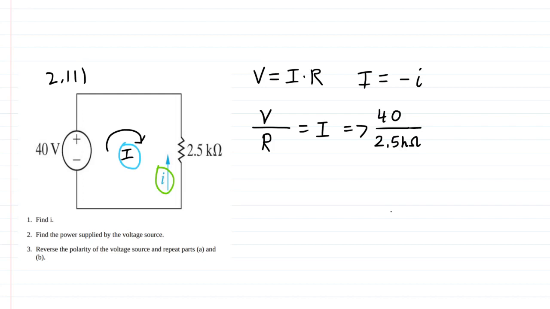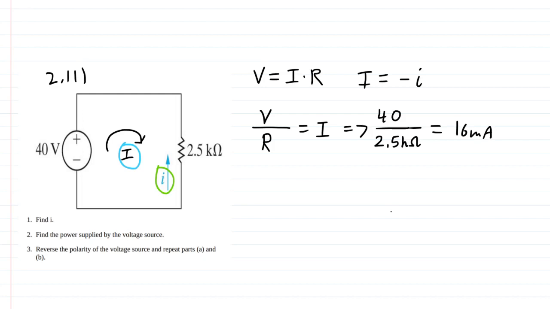Remember, kilo is 1,000, so this is 40 divided by 2,500, and that is 16 milliamps, or 0.016 amps. They're the same, just different representations.